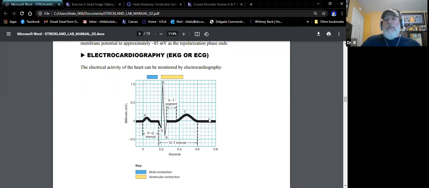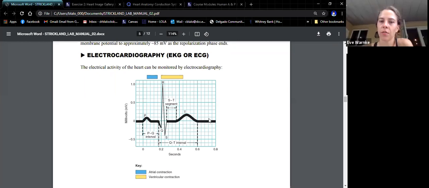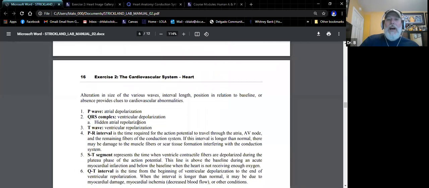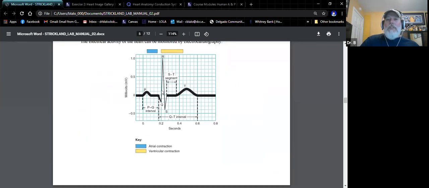But when is the atria repolarizing? As the ventricle is depolarizing, right? So atrial repolarization is occurring right here. We don't actually physically see the electrical part of atrial repolarization because it's masked by the ventricular depolarization. So it's kind of hidden on this graph.